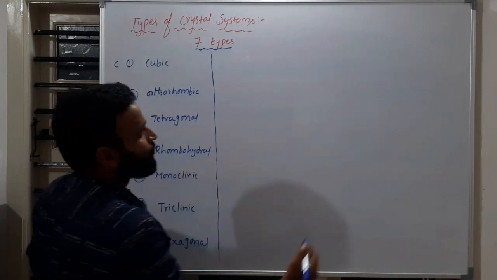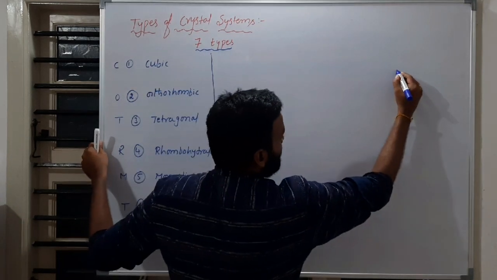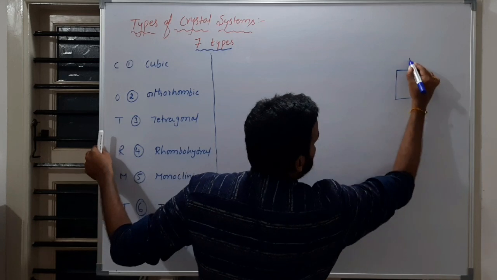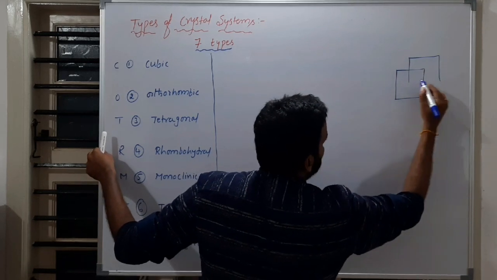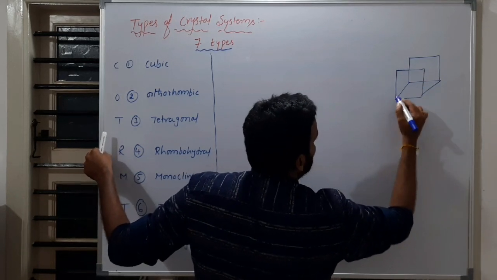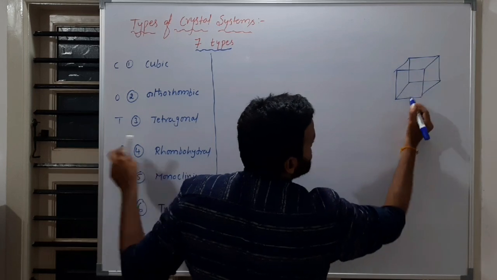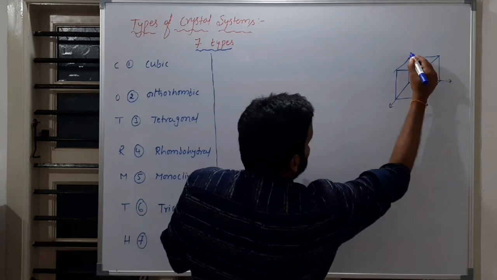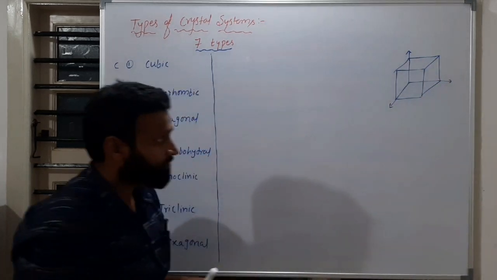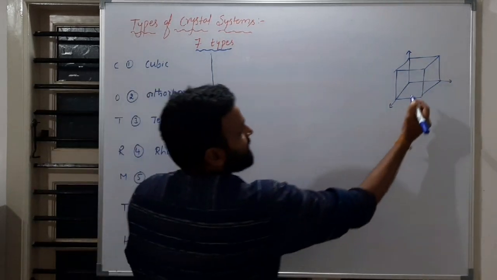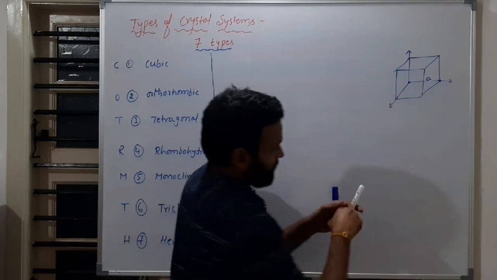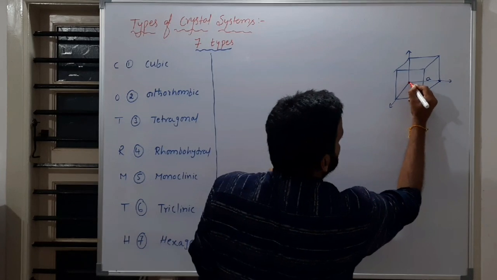So as I told you, if you are assuming a particular solid in a 3-dimensional manner like this, you have a cube like this. This is one, this is second, and this is third. As I represented, this is A, from here to here.